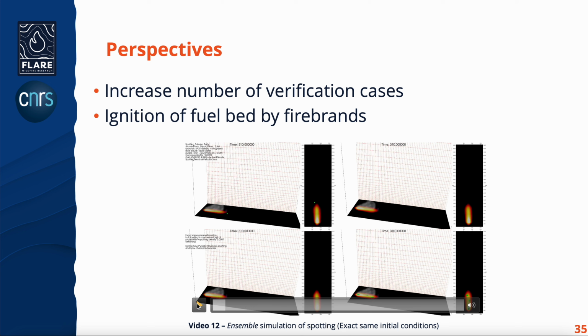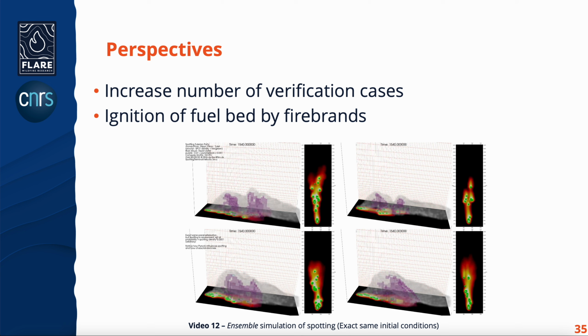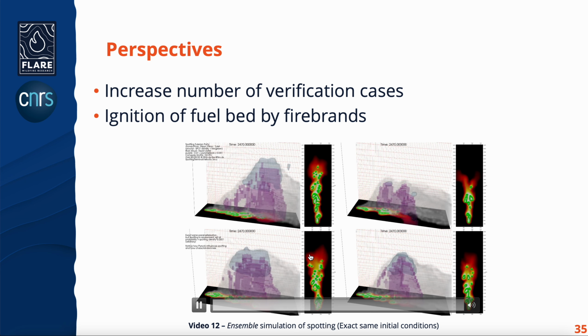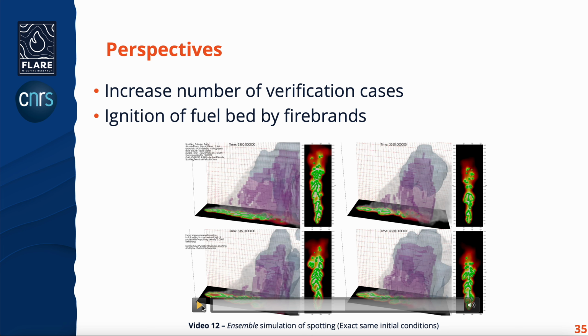And so you see that at the beginning, the fire progression is similar across all the models, but when you start to have a spotting here in green, the general dynamics of the flow start to change. At some point, there is pyroconvection that is triggered here, and so the fire is progressing faster as well. And so by running these kinds of ensemble simulations, we can also get more information about what will be the average behavior of the fire.